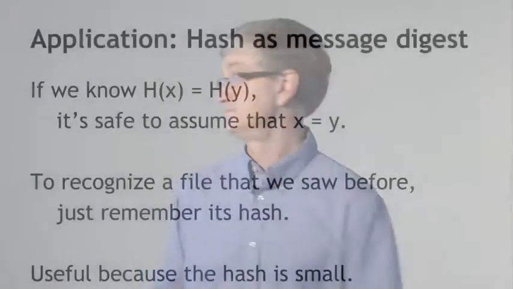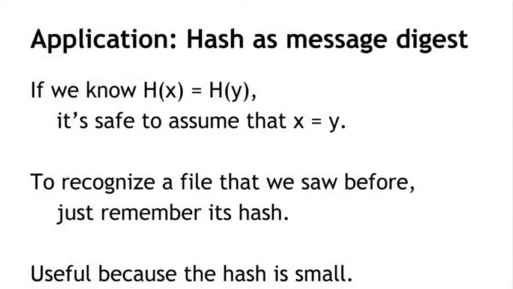Now, one thing I need to note is that there's no hash function in existence which has been proven to be collision-free. There are just some that people have tried really, really hard to find collisions and haven't succeeded. And so we choose to believe that those are collision-free. Okay. Now, what good does collision freedom do us? If we can assume that we have a hash function that is collision-free, then we can use that hash function as a message digest.